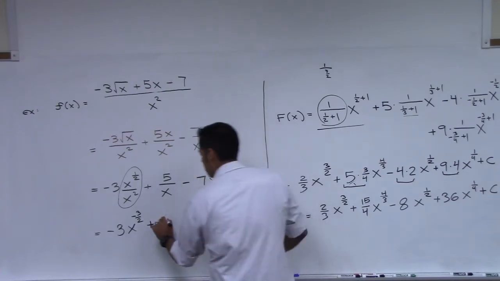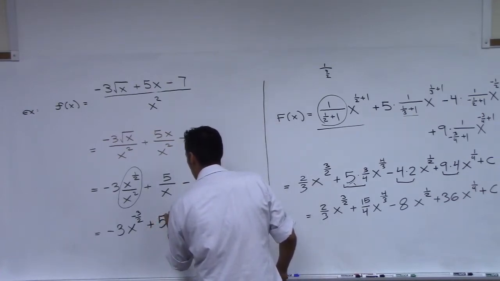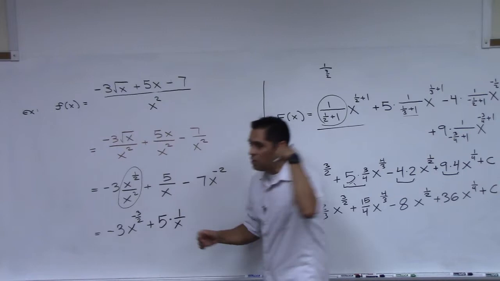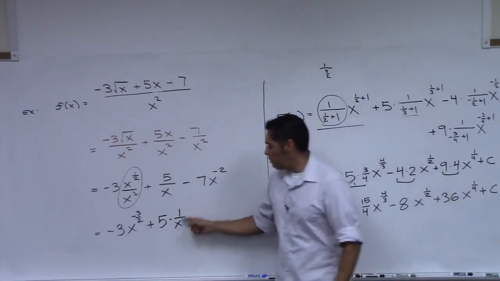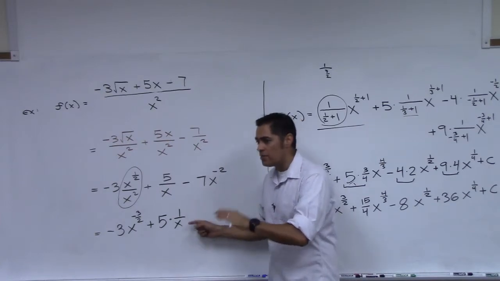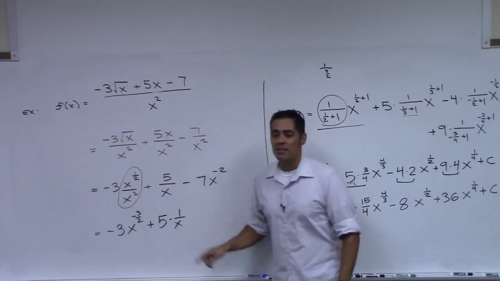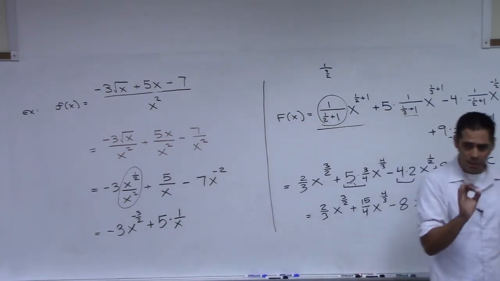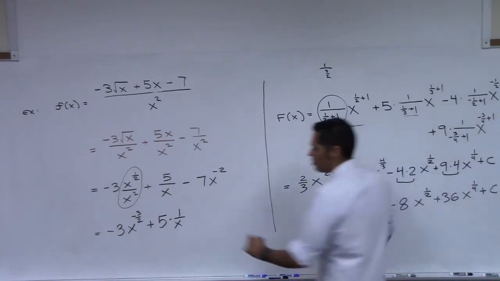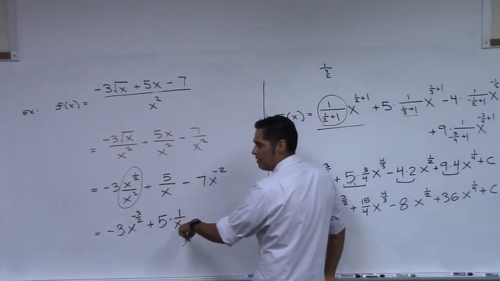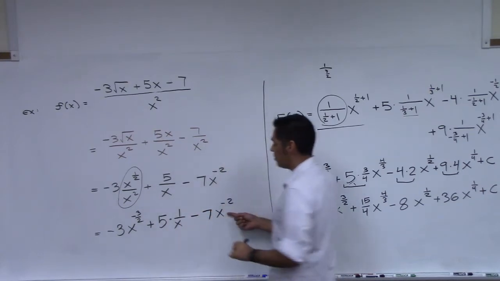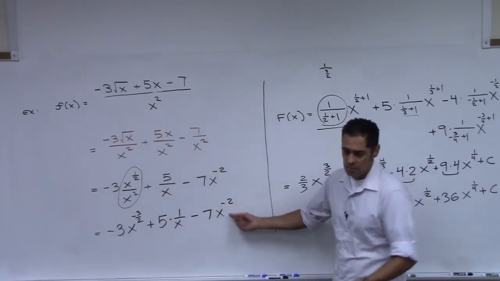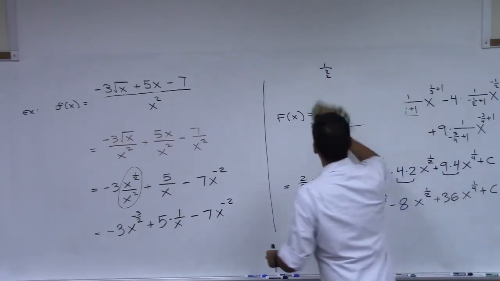However, I'm going to look at it like this because I already know that whenever I see 1 over x, just 1 over x, not 1 over x squared, not 1 over root x, just 1 over x, the antiderivative of that is natural log. That's that special case, right? So I'm not going to bother writing it as x to the -1. Now, -2, yes, because the formula will work for this one. All right, we're there.